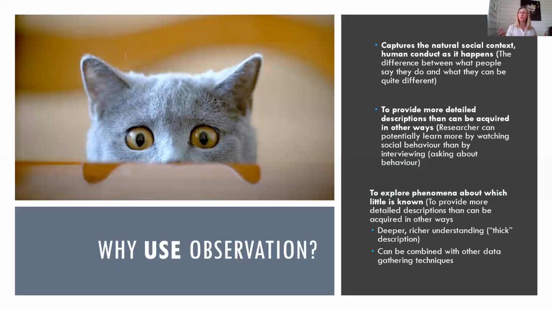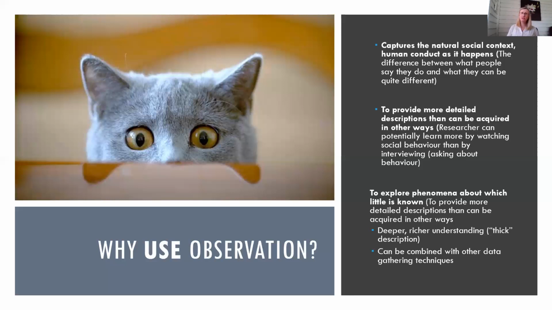At what point does violence break out? Now, the reason that we could go in the field and actually observe what happens is so we can provide more detailed descriptions of events or phenomena that can't be acquired in other ways, okay? Asking a survey about a protest is definitely not going to capture the entire social context, but being there and witnessing it with your own eyes can do that.